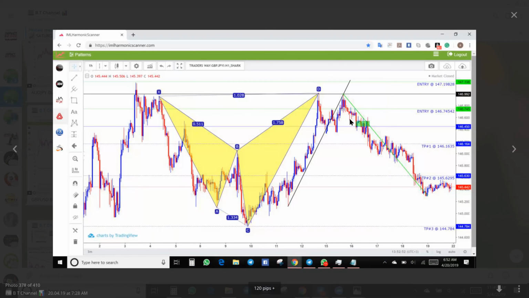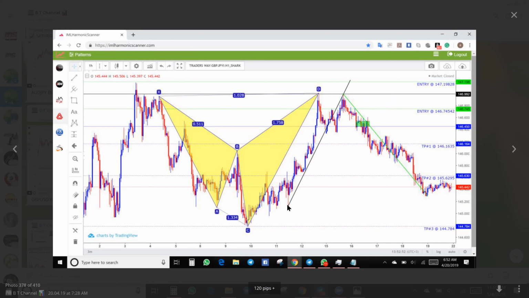We missed this entry, right? And I say, guys, I still like what this thing is doing. You want to enter here. This is the next type of trade setup that you guys are going to be learning. But first, you need to master your support and resistance, because if you look, this is support here, I mean, this is resistance here. This is resistance here. This is resistance here, right?